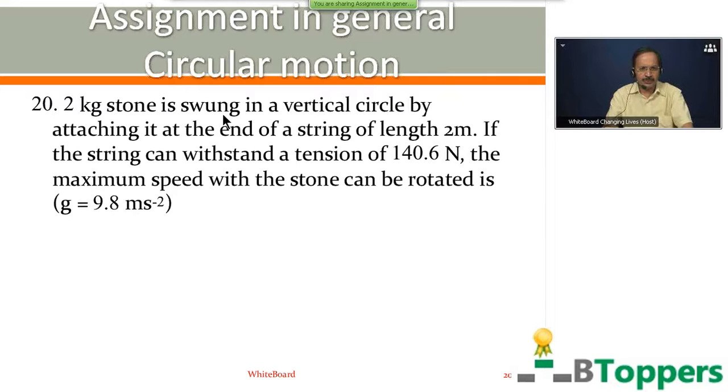A 2 kg stone is swung in a vertical circle by attaching it at the end of a string of length 2 meter. The string can withstand a tension of 140.6 Newton. The maximum speed with which the stone can be rotated is.